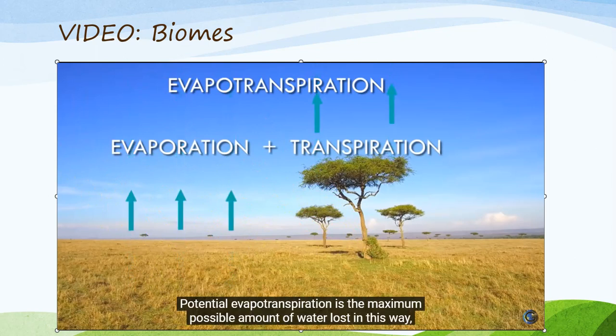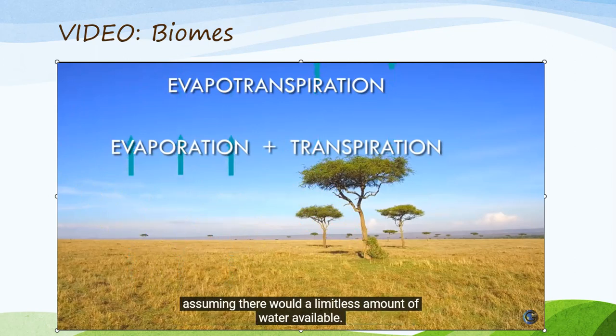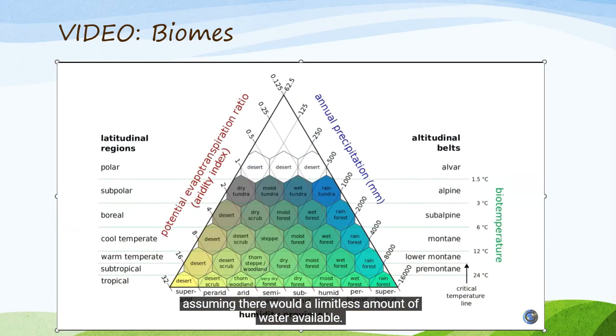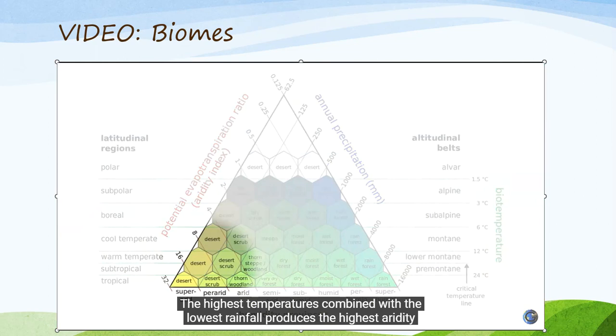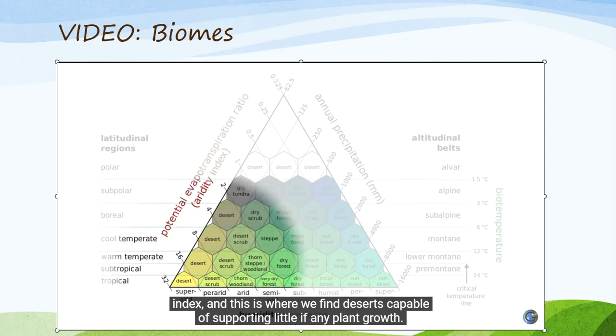Potential evapotranspiration is the maximum possible amount of water lost in this way, assuming that there would be a limitless amount of water available. The highest temperatures combined with the lowest rainfall produce the highest aridity index, and this is where we find deserts capable of supporting little if any plant growth.